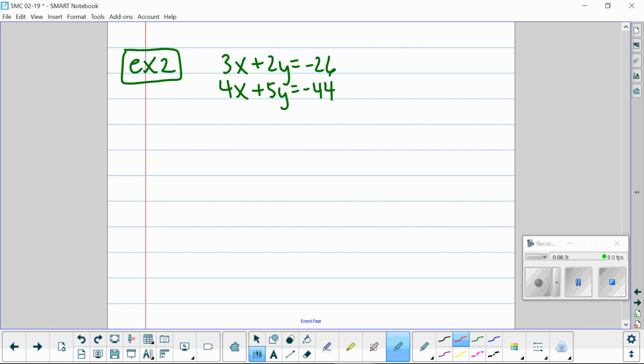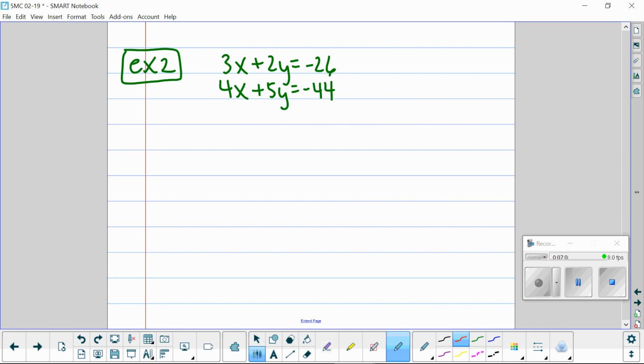So now, obviously, I could go through all my different types, and none of them work here, so this is going to be a type 6. We're going to have to multiply each equation by a different number. And of course, we have different ways that we could do this. We could multiply the first equation by 4 and the second equation by negative 3.